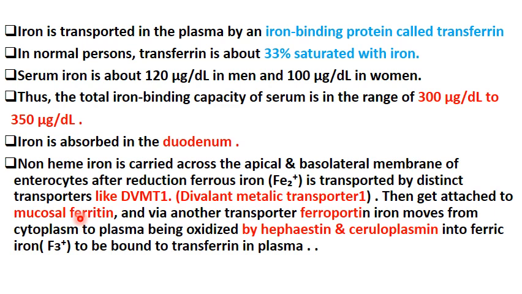And later on, via another transporter called ferroportin, the iron moves from the intestine cytoplasm to the plasma, being first oxidized by hephaestin and ceruloplasmin to ferric iron. Why does this mechanism take place? In order to deliver the iron in the form of ferric to be bound to transferrin in the plasma.